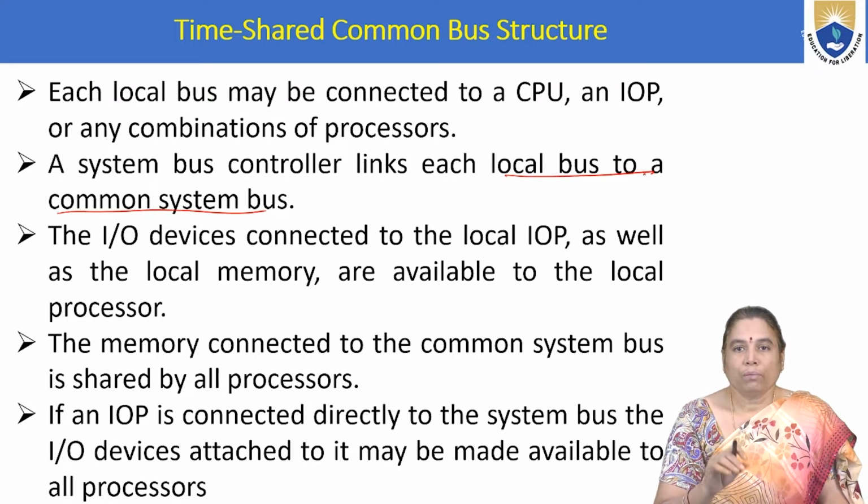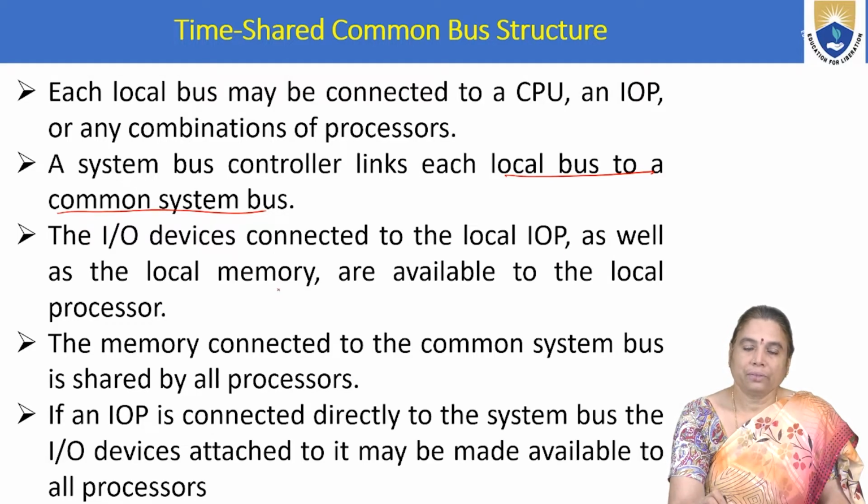Here the local bus is used for a particular processor dedicatedly to connect the IOP and memory of that particular processor. But the system bus communication pathway can be used to share the common memory between multiple processors. The IO devices connected to the local IOP as well as the local memory are available to the local processor itself.